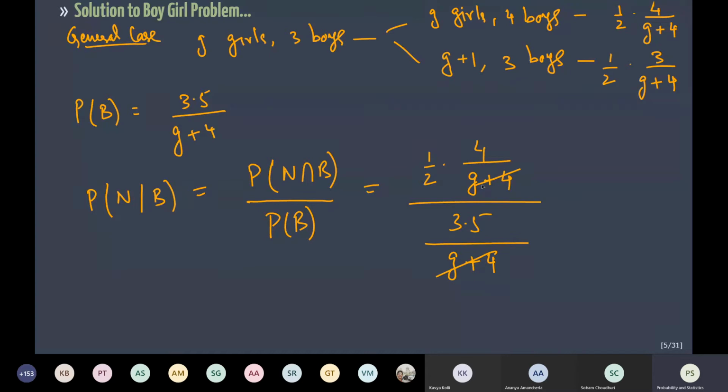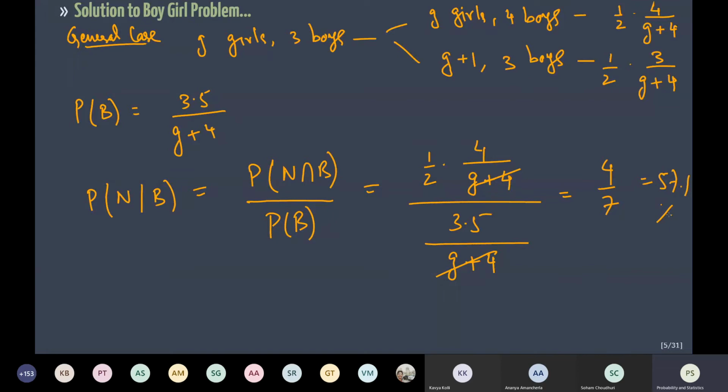G plus 4 goes away. Okay, and then what we are left with is 4/7, because 3.5 times 2 is 7. So this is again 57.1% if I write it in percent form.